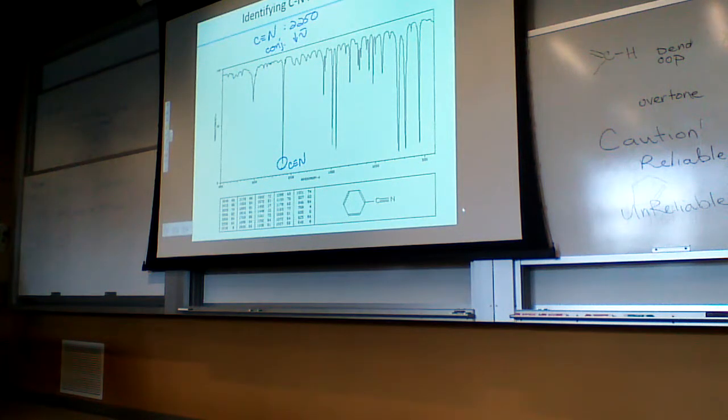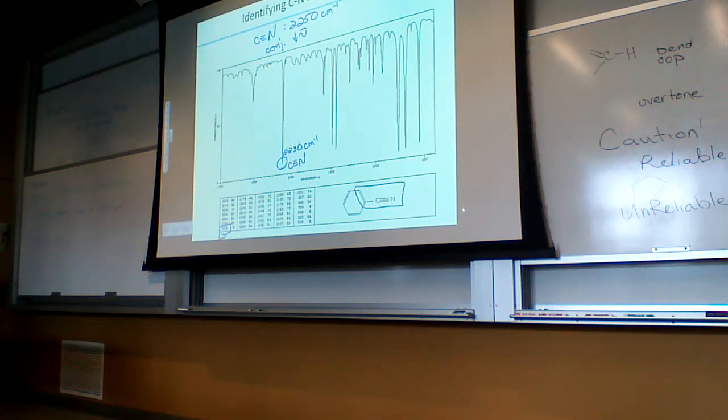In this one, our peak is at 2230. And that's down from the 2250 that you're looking at, and that's because it is conjugated with the aromatic ring. So you can see this is a conjugated system, and it's going to shift that value.